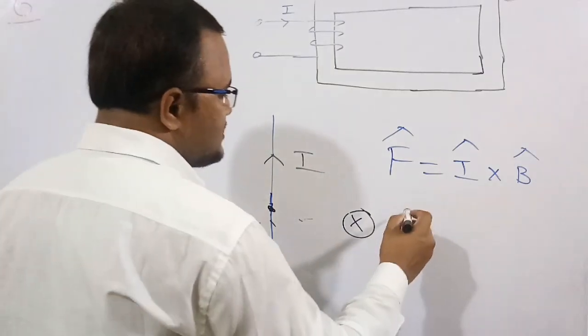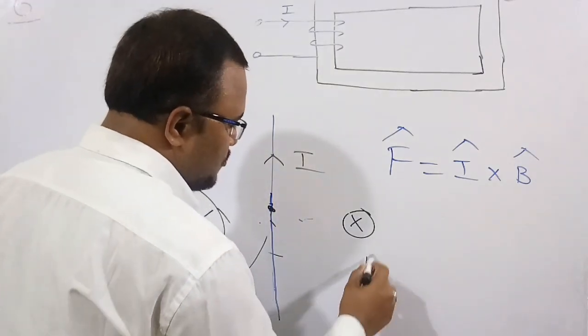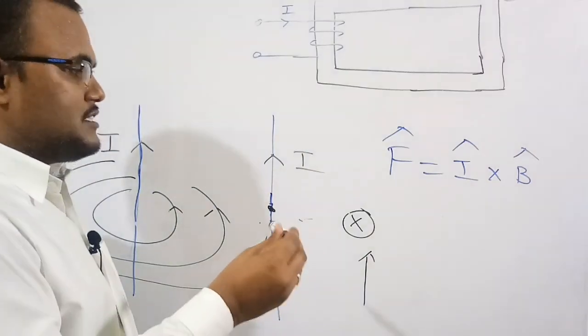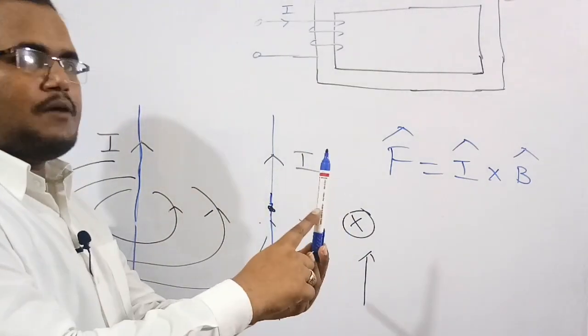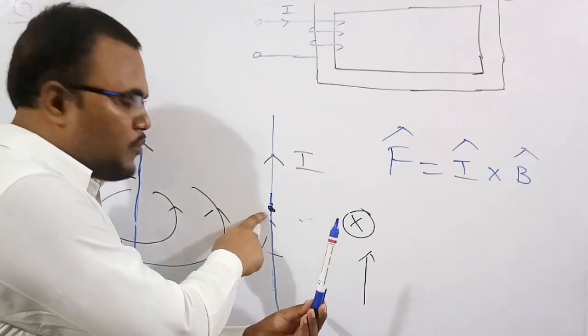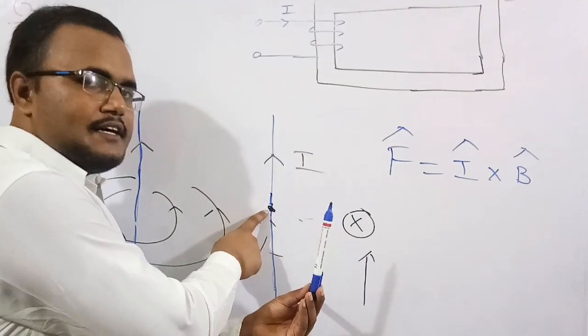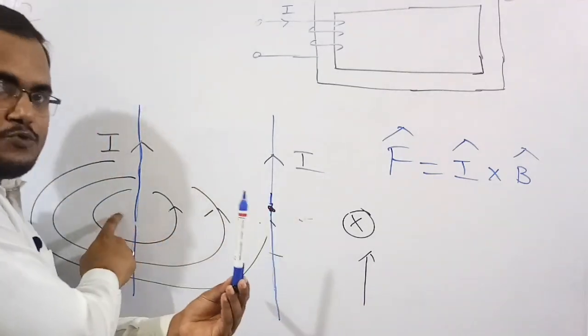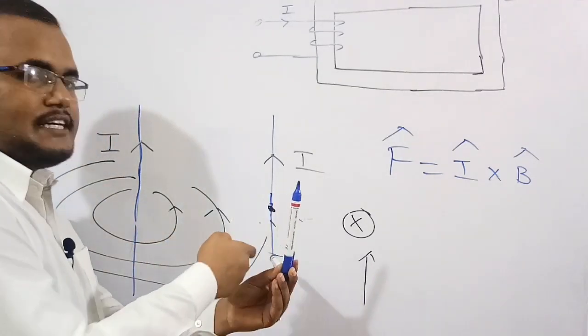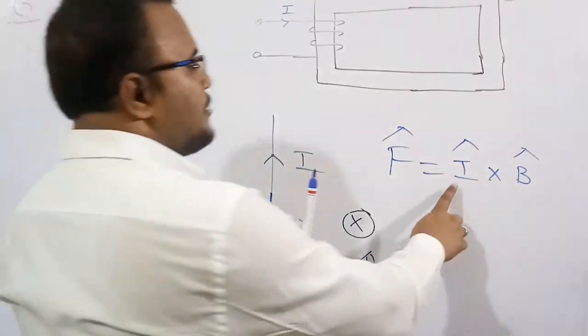And similarly the current is upward, so let me assume this is I bar and this is B bar. At this point the current is upward and the magnetic field due to the first wire is inside. So now we need to do I bar cross B bar.